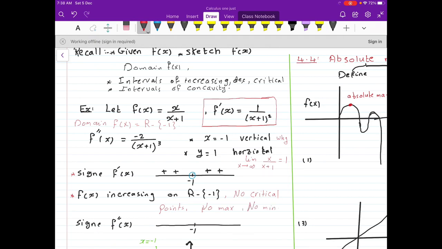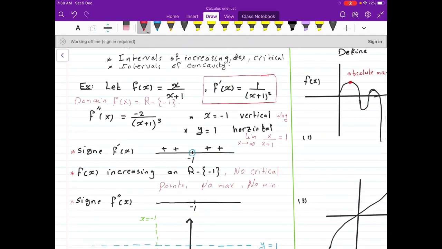Now, to find the intervals of concavity, study the sign of f double prime of x. For f double prime of x, the domain for the function is R except minus 1. If you choose a number greater than minus 1 like 0, the sign will be negative. If you choose a number less than minus 1 like minus 2, then minus 2 plus 1 is negative, to the power 3 negative, negative over negative is positive.